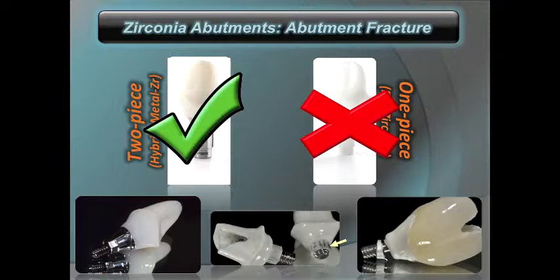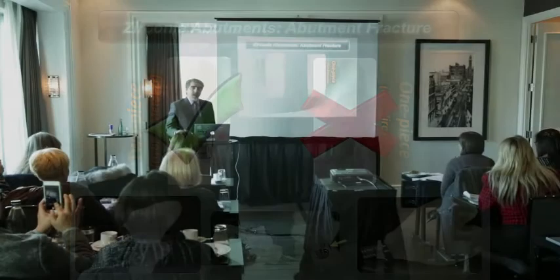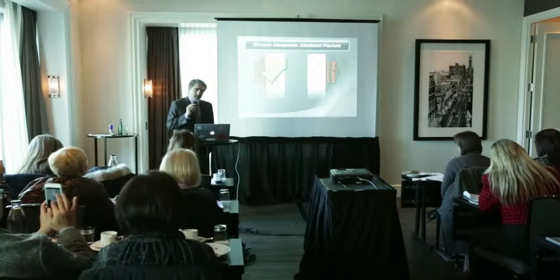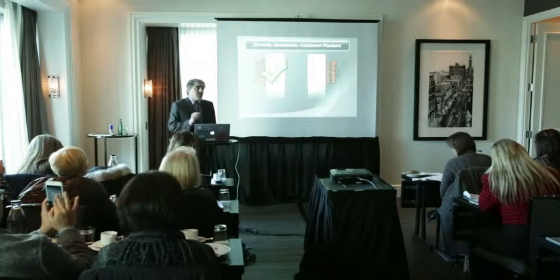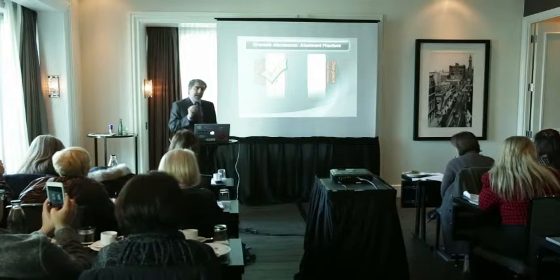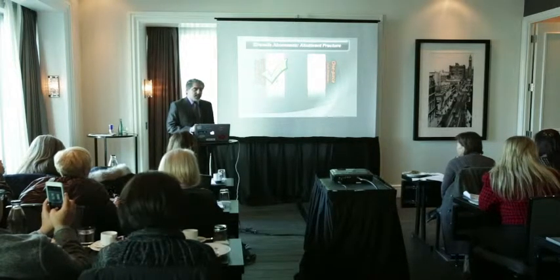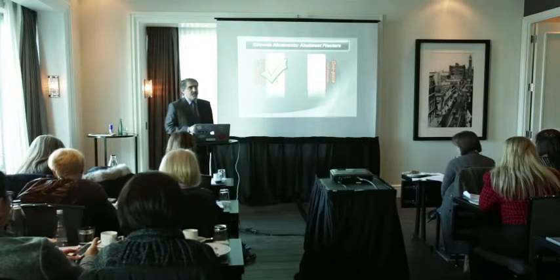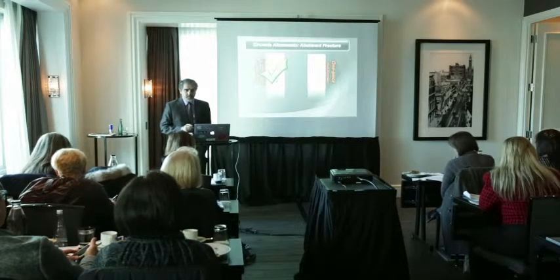The other one is called two-piece zirconia, or hybrid, or sometimes metal zirconia. I would like to repeat that. Make sure your lab technicians are using two-piece zirconia abutments with the metal base and not one-piece zirconia abutments.